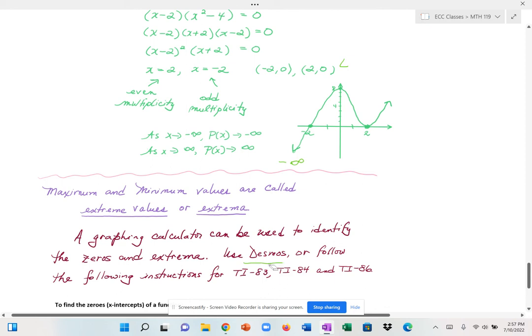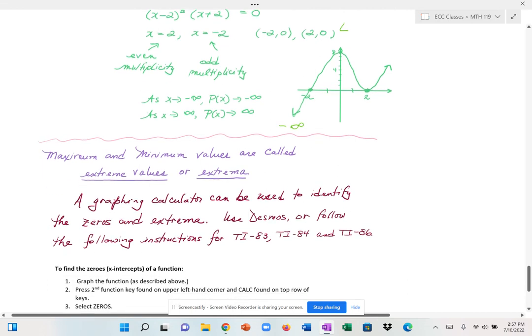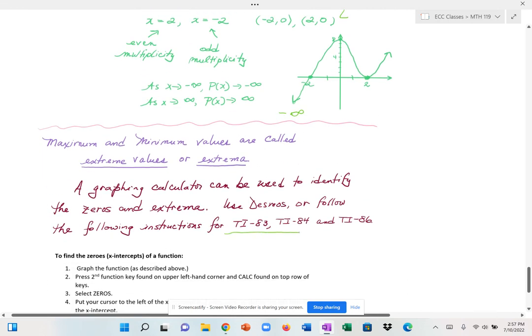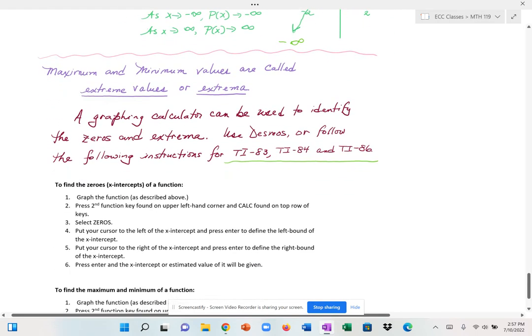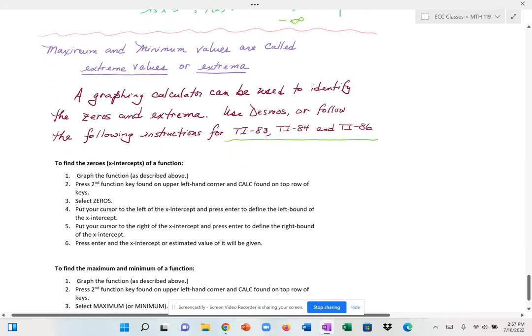If you do have a graphing calculator, these are some of the more, I guess, common models. TI stands for Texas Instrument. Model 83, 84, and 86. Those are 3 different models, but their keys are very similar, their functionality is similar.